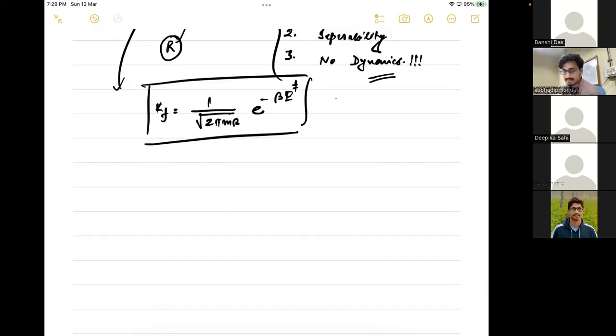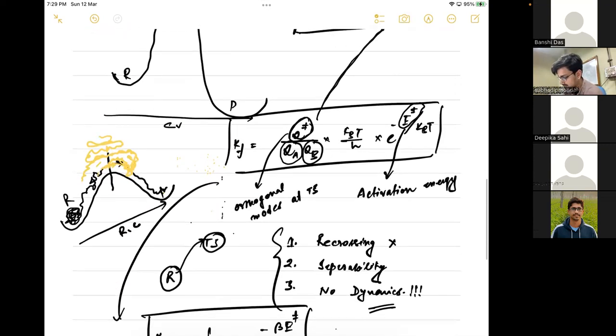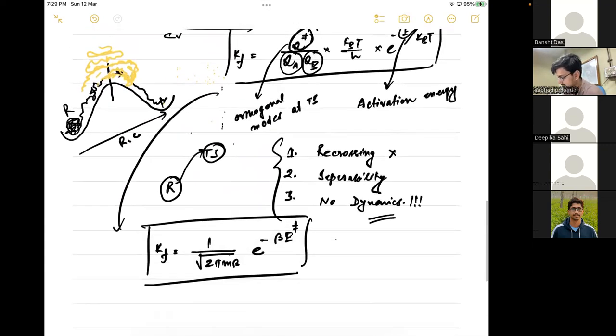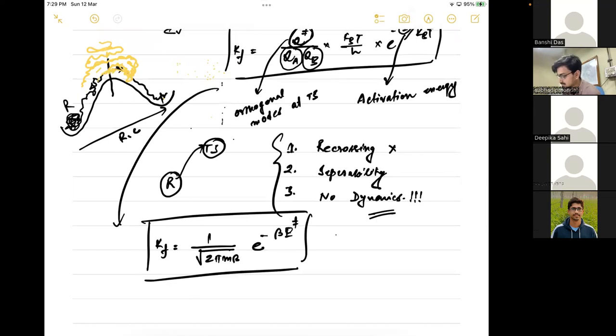Subhadip, the three points you have written: recrossing, separability, no dynamics. One part of no dynamics is what you just explained: we ignore the recrossing, and once it is crossed, we call it a successful reaction event. Yes.